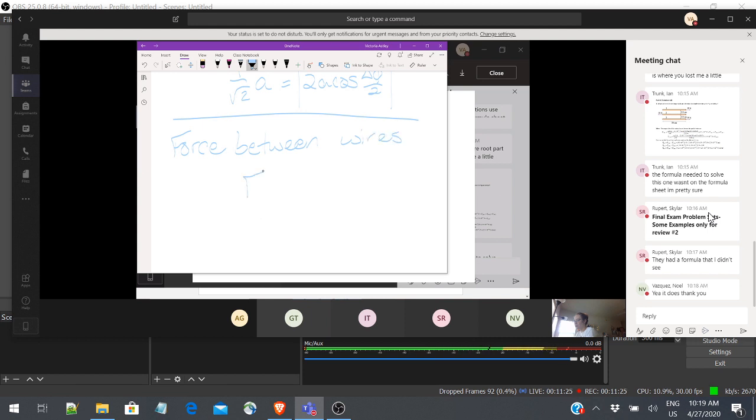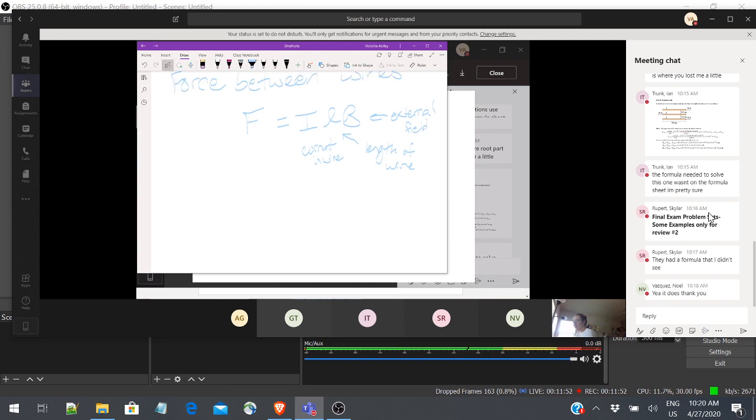The force on a current carrying wire is ILB sine theta, and in this case sine theta is nothing. I is the current in the wire, L is the length of the wire, and B is the external field. So this is a wire in an external magnetic field. What is that field from?